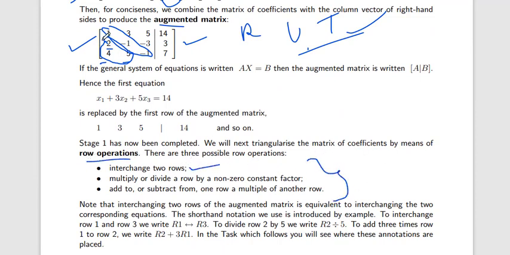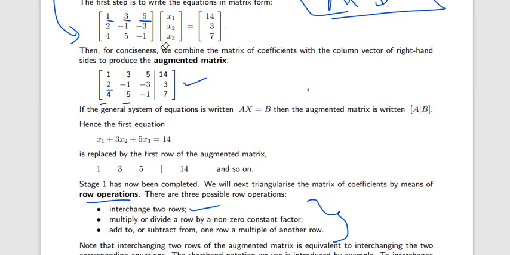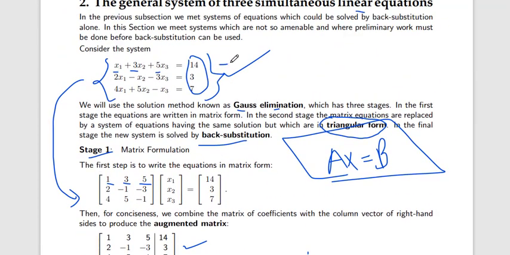In row operations we can apply three kinds of operation. First, we can interchange rows. If this equation is the first equation, this is the second, and this is the third, then the coefficients of the first equation are in the first row, the second equation in the second row, and the third equation in the third row.